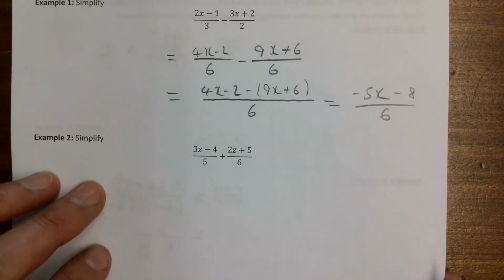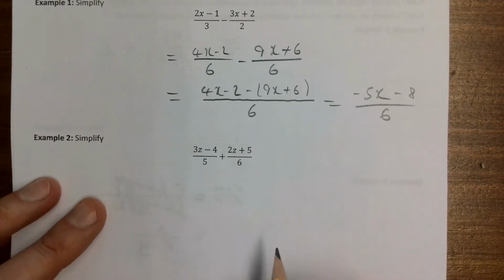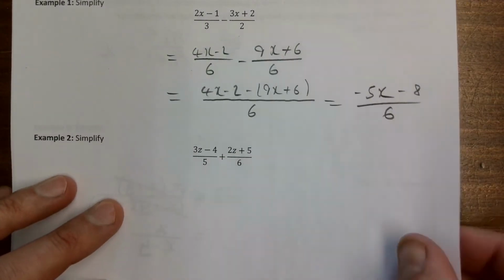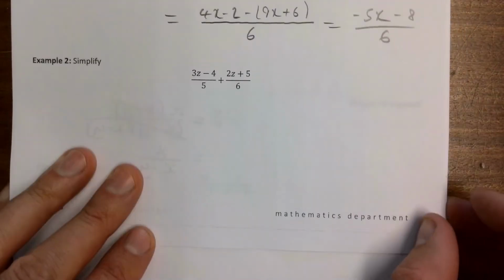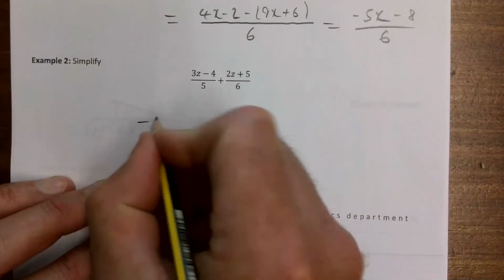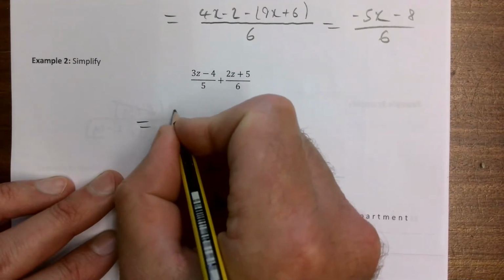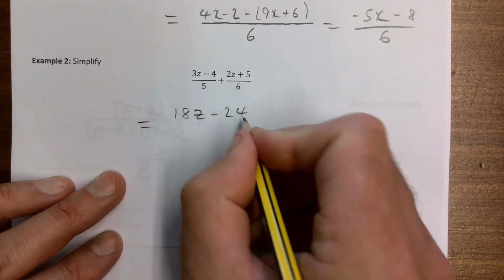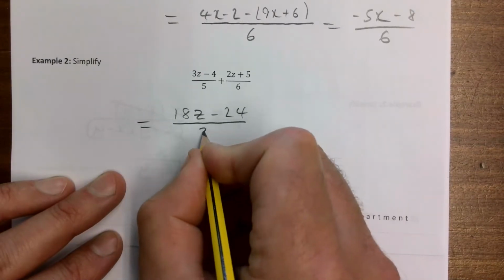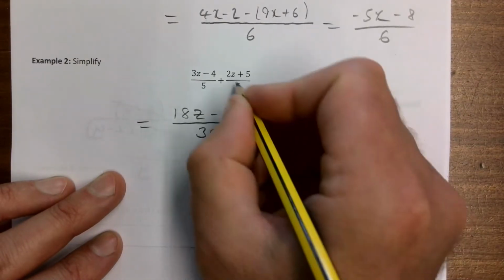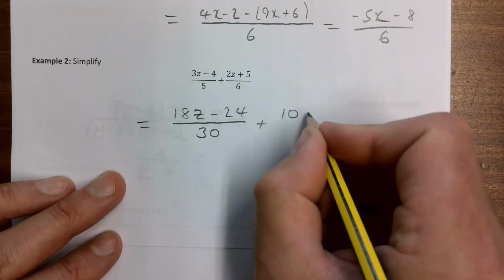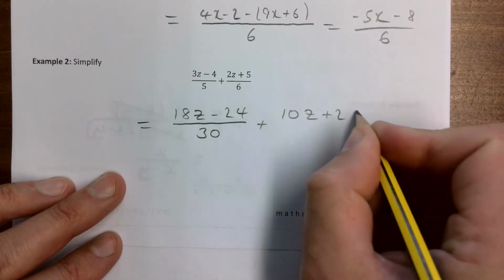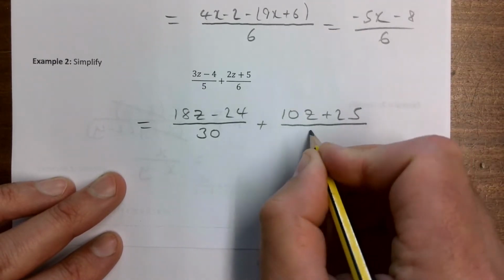Very similar for this next one, however the denominator is going to be 30. I hope most people have spotted that okay. So you can still see it there okay. Times in top and bottom of this one by 6 is going to be 18z, take away 24 all over 30, plus times in top and bottom of this one by 5, 10z plus 25 all over 30.